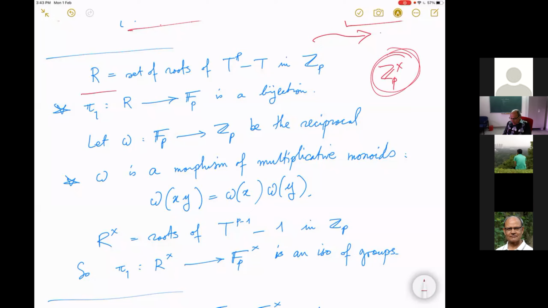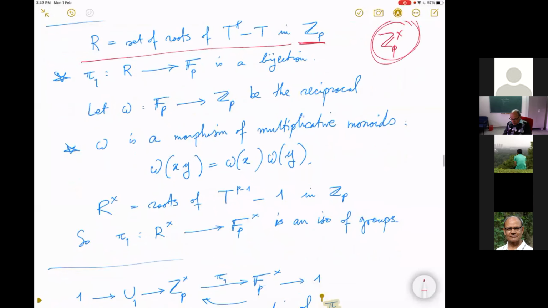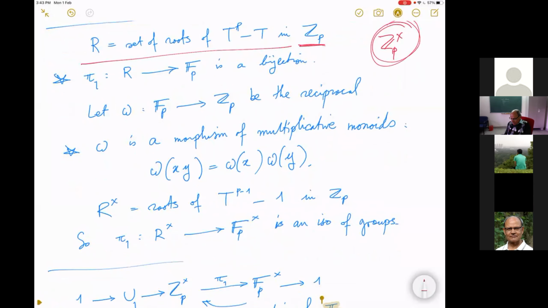You define R to be the set of roots of this polynomial, t to the p minus t. This polynomial has many roots. 0 is an obvious root. So R is the set of all roots of this polynomial.